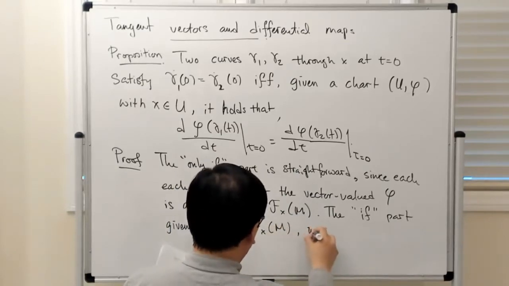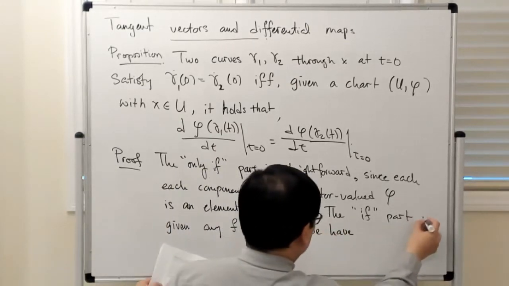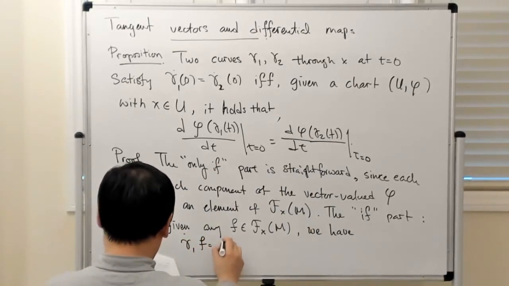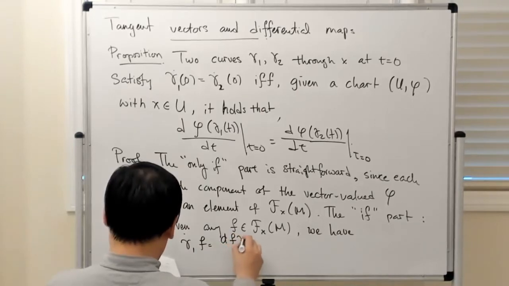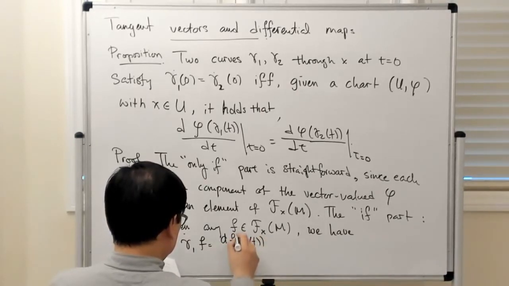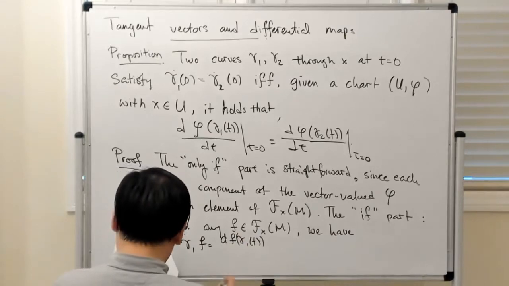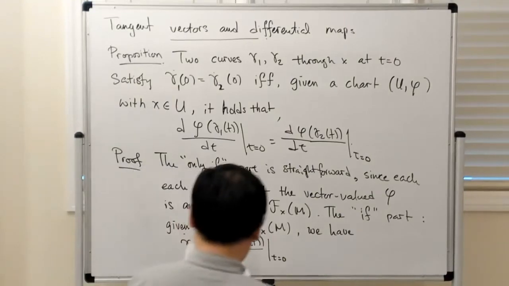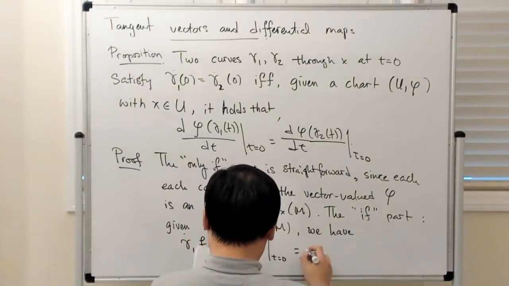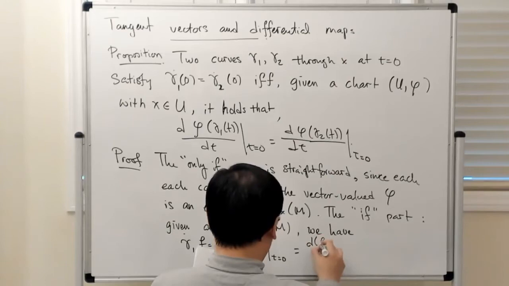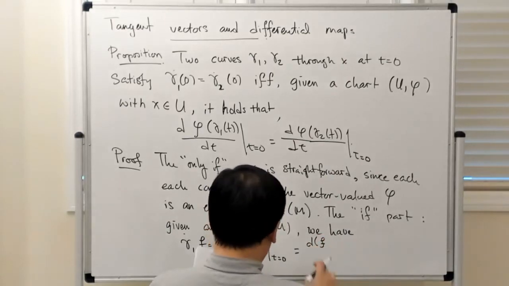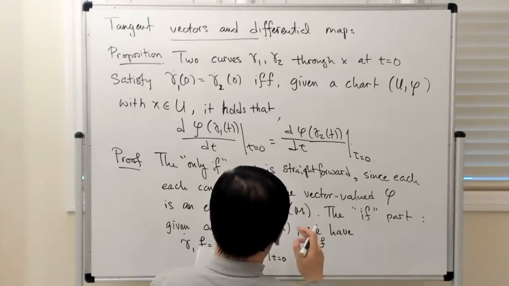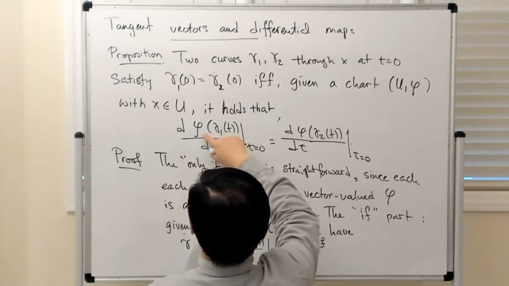Given this, we have that gamma 1 dot of f is defined to be d f gamma 1 of t, dt, evaluated at t equals 0. So this is equal to df, where I'm going to slot in the coordinate chart and its inverse.